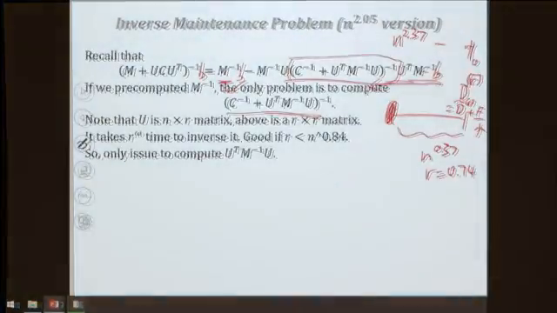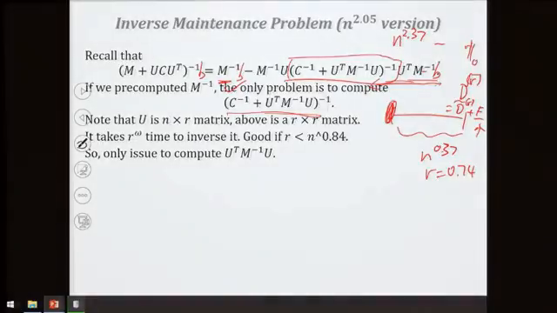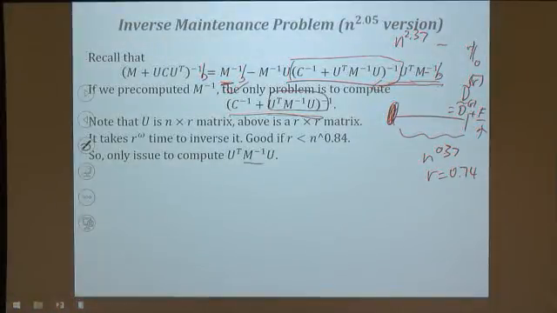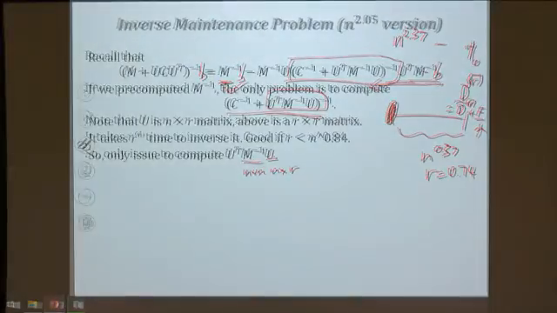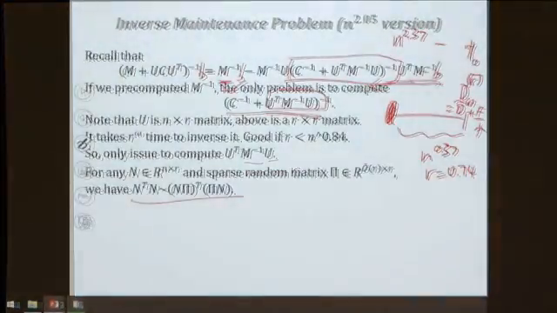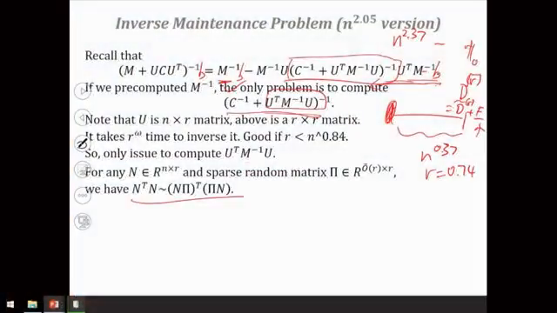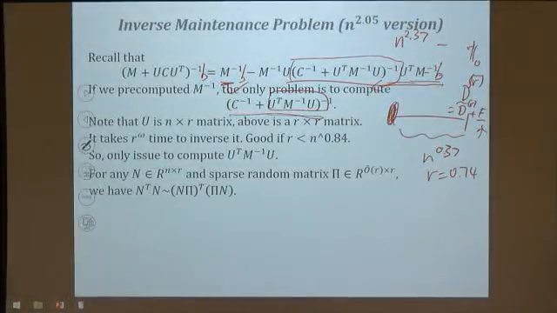But then the next problem is how can you compute the inside matrix? Notice this is difficult because this is an n by n matrix and this is an n by r matrix. Whenever r is super constant, then your running time will be super quadratic. So our next trick is this one. This is a recent result called Oblivious Subspace Embedding.